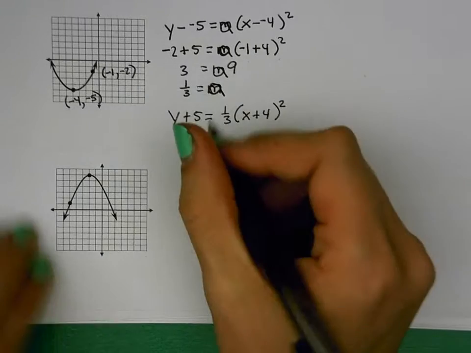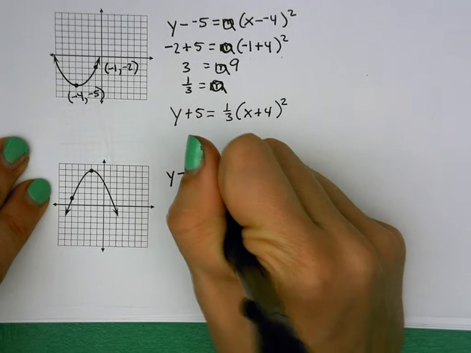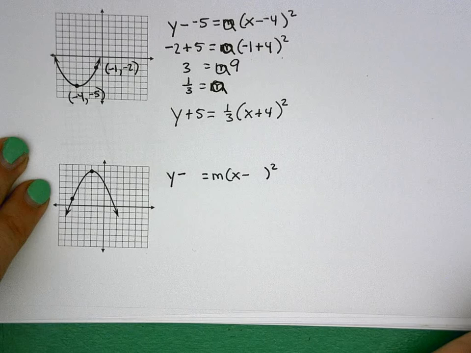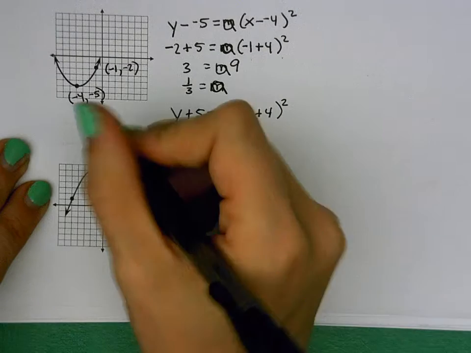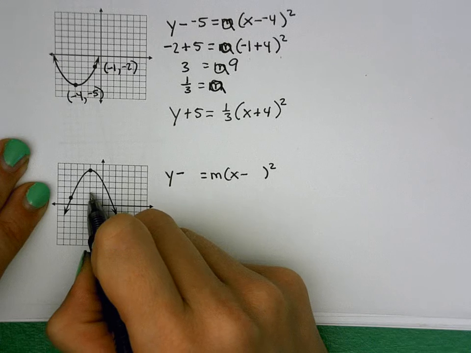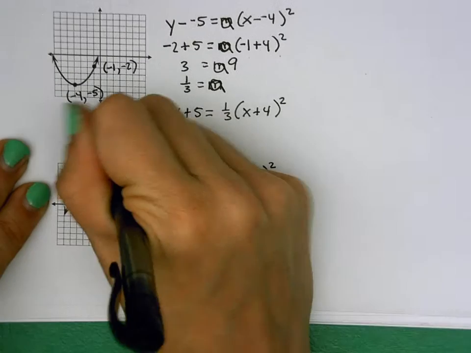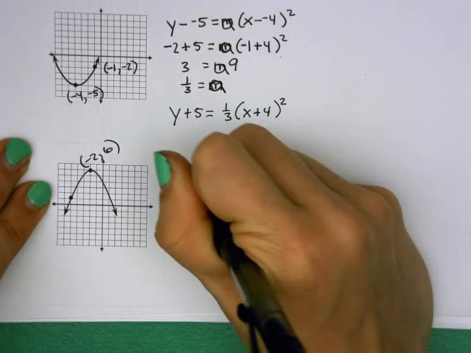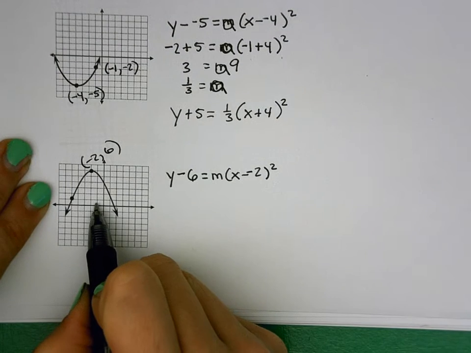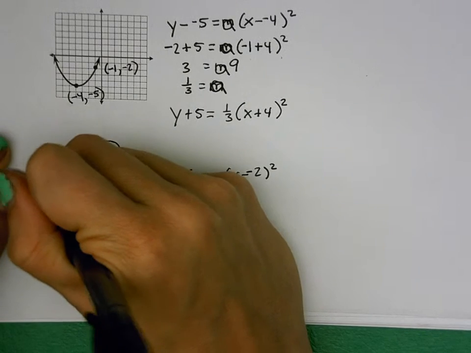Okay, coming down, we've got our y minus our y1 equals m times x minus our x1 quantity squared. My hk, my vertex, is over here at x equals negative 2, y equals 1, 2, 3, 4, 5, 6. And so plugging that in. Then my other point comes in, which is at x equals negative 1, 2, 3, 4, 5, and y of positive 1.